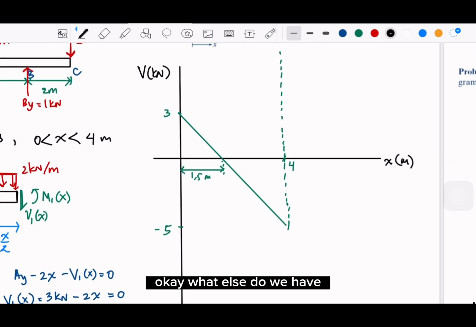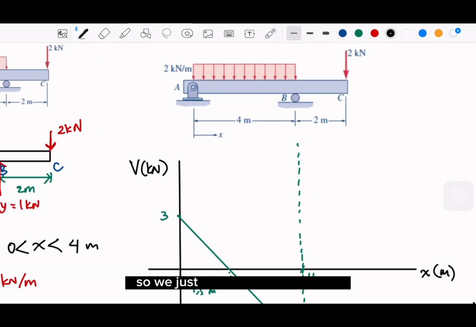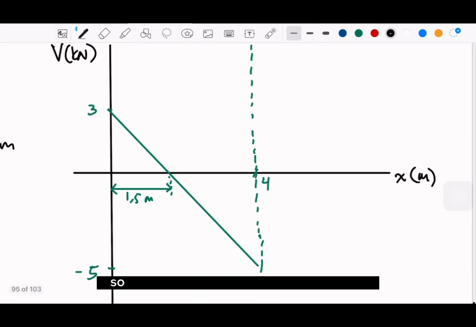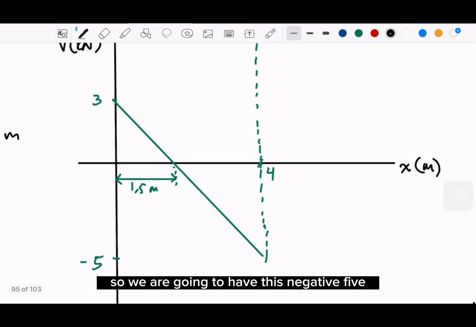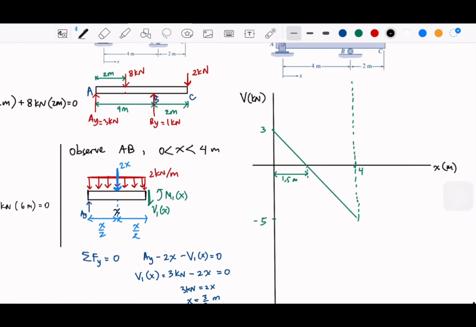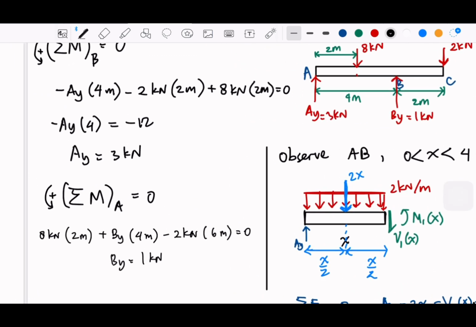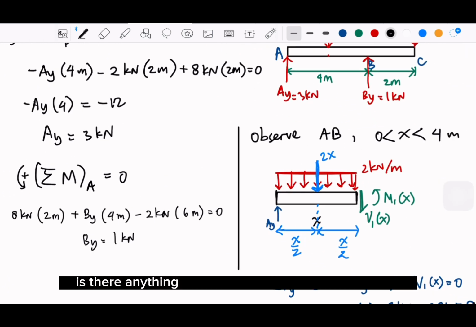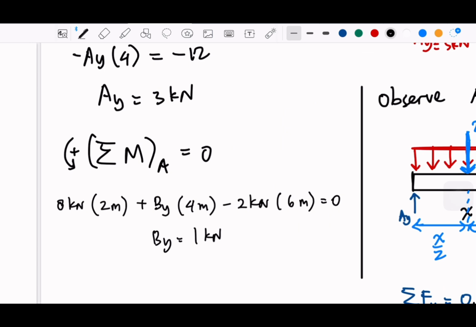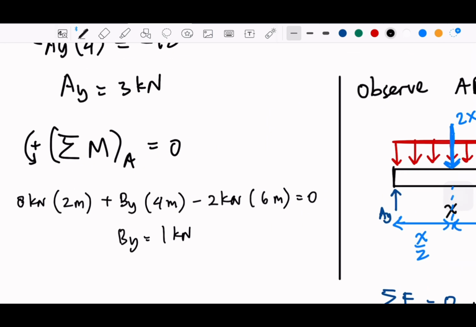What else do we have? We have a constant over the distance of 2 meters. So we are going to have this -5, and then what will happen is, wait a minute, let me check. Is there anything wrong with my calculations? Oh, it should be 7.